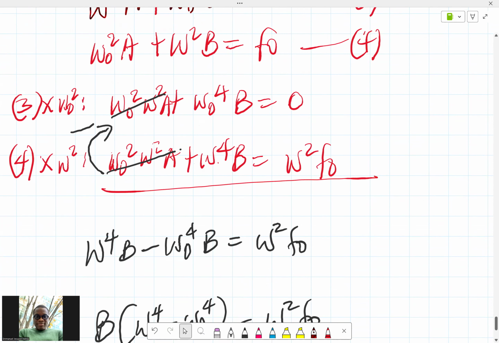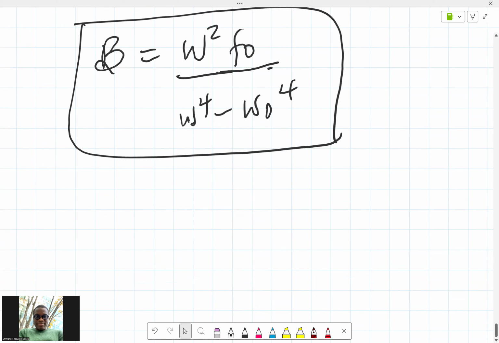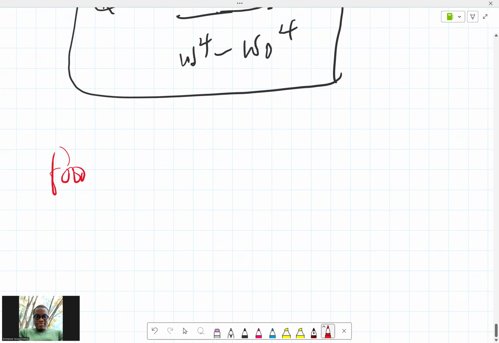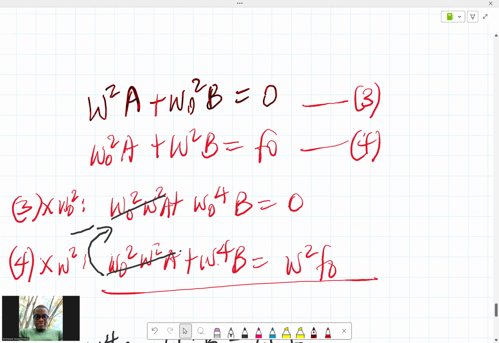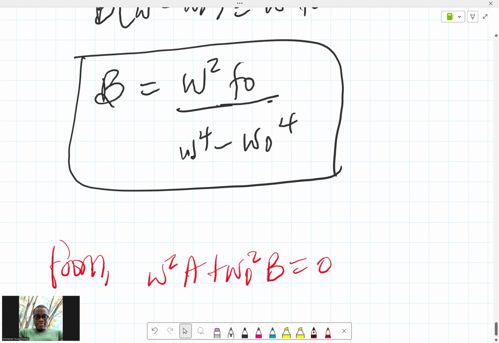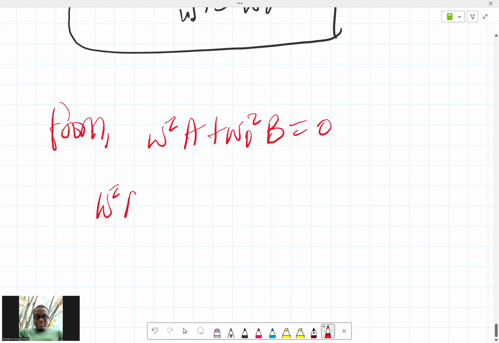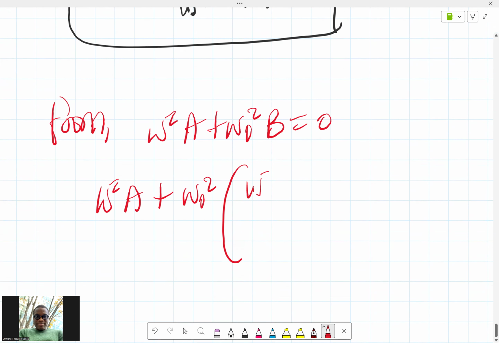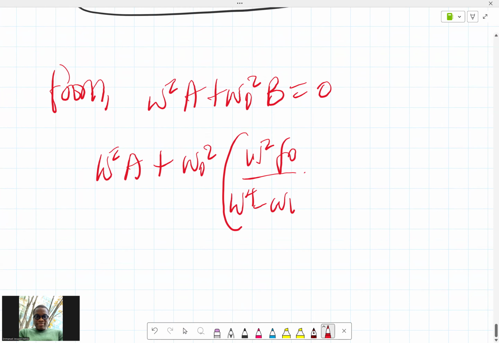And then with this, we can get a using any of the two. So we can use the first one, which is easier. So from that first expression, omega squared a plus omega naught squared b equals 0, now we have b. So this is omega squared a plus omega naught squared into b, which is omega squared f naught all over omega 4 minus omega naught 4.